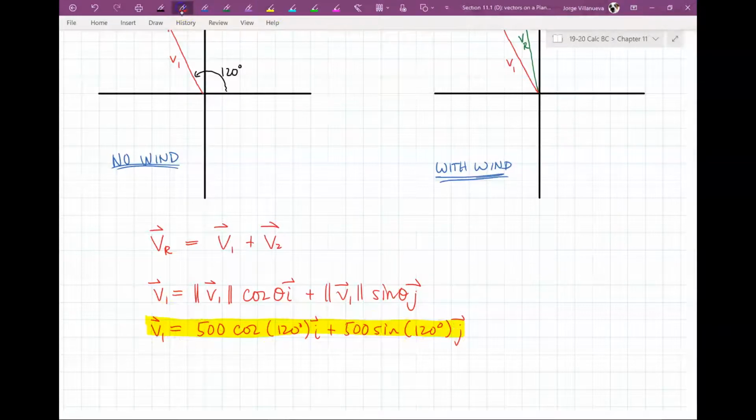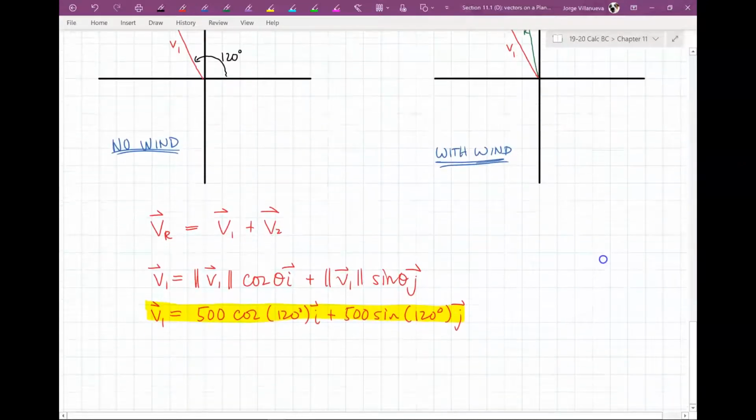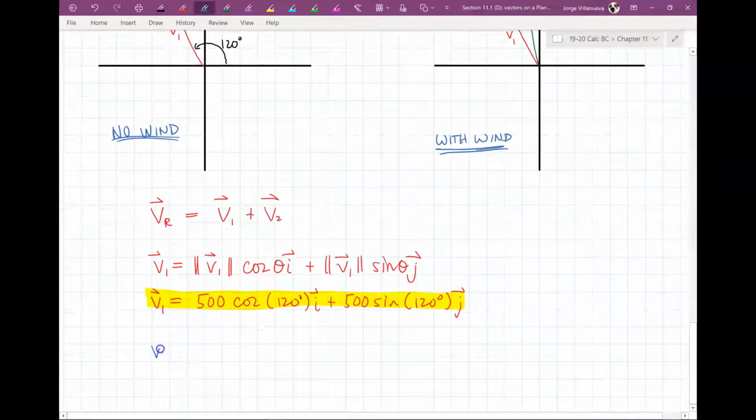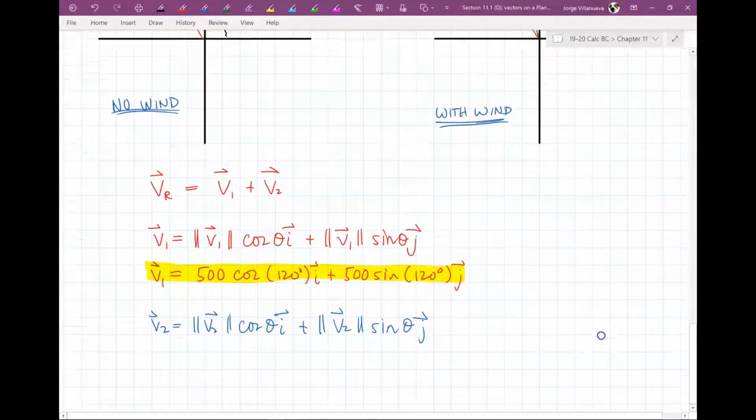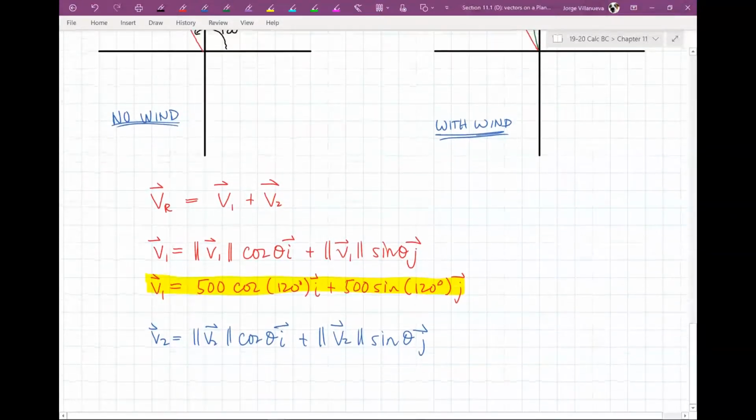Now I need V sub 2. I guess we can change it to blue. So V sub 2 is magnitude of V sub 2 cosine theta i plus magnitude of V sub 2 sine theta j. V sub 2 depicts the wind, right?